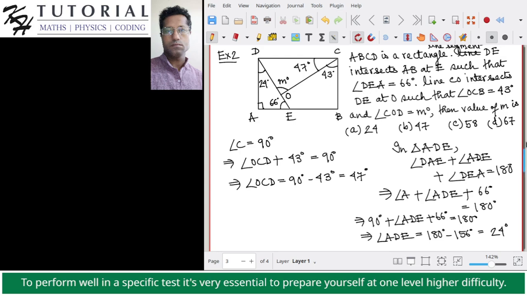Now it is asking for the angle m. There are many ways of solving for the value of m, and I'm just following one such method. Once I have angle ADE, I will know angle ODC.